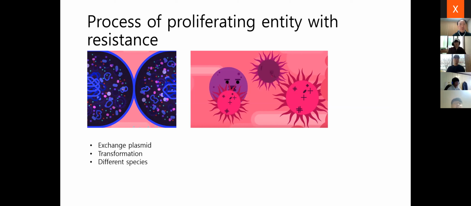This process is called transformation, and so the entity that is not resistant to antibiotics can get the DNA of dead bacteria, which is naturally resistant to antibiotics. And the surprising thing is that this can happen between different species.